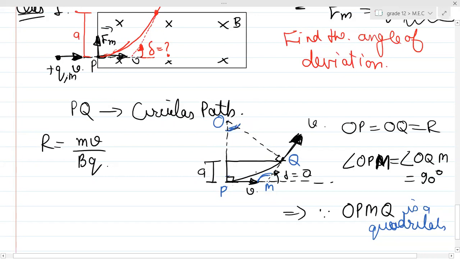Now see over here, guys. If I say this is theta, so this should be what? This should be 180 minus theta. Yes or no? So can you see over here 180 minus theta plus delta? That's this angle which we need to find. We were required to find out delta, right?